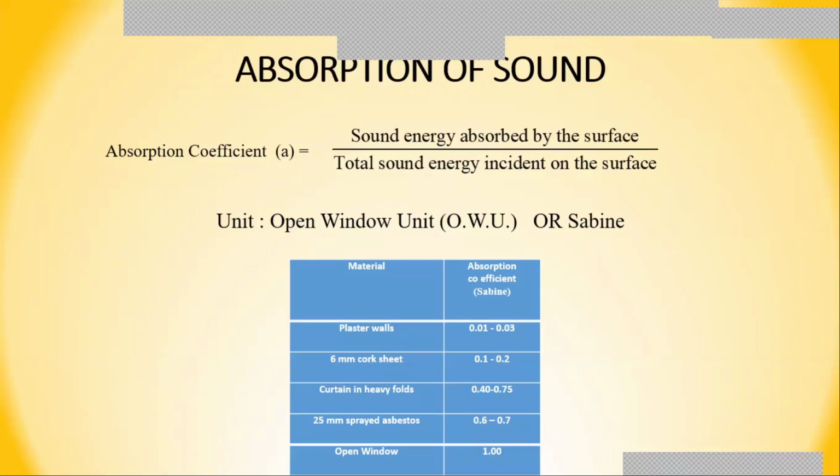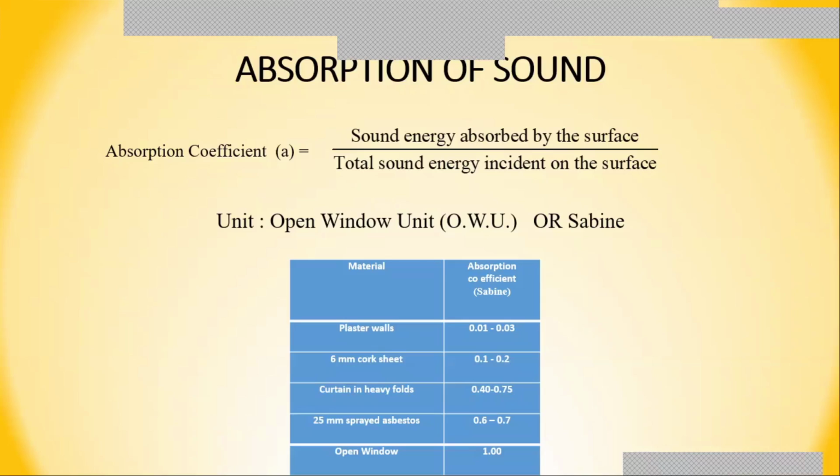See, as I told you, whenever the sound waves fall on a surface, some of the sound waves are reflected, some are absorbed, some are transmitted. So what is the absorption coefficient?